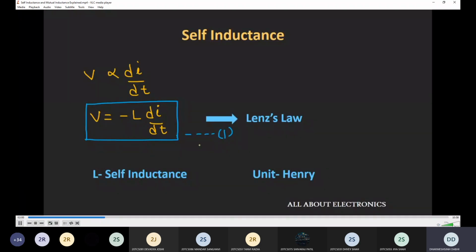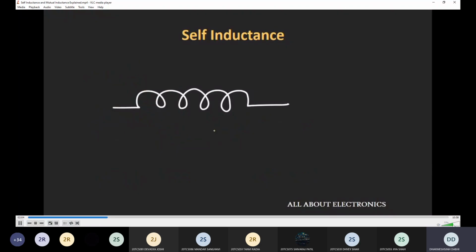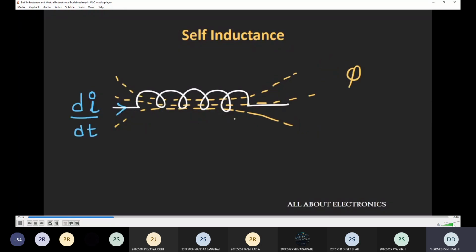Now let us find the expression for this inductance in terms of magnetic flux. Let us say we have one coil in which the current I is flowing. Because of the flow of current, there will be a generation of magnetic flux phi. If the current flowing through this coil is time varying, then the magnetic flux generated will also be time varying.